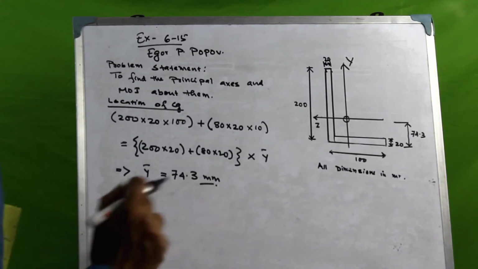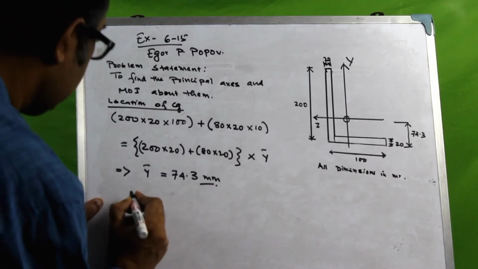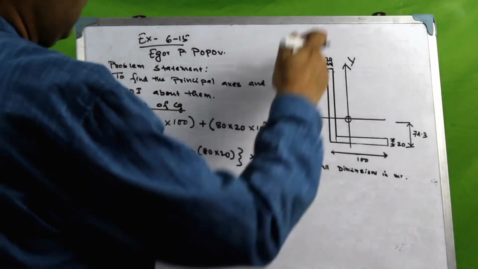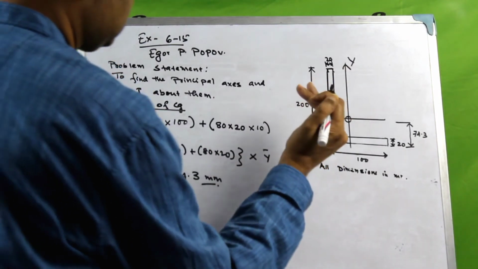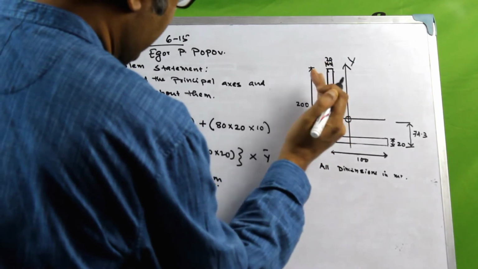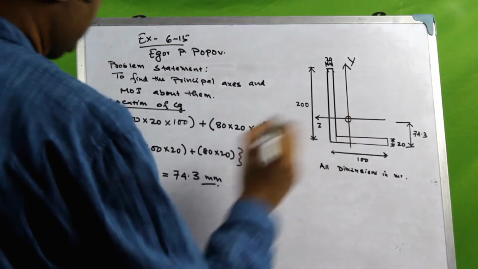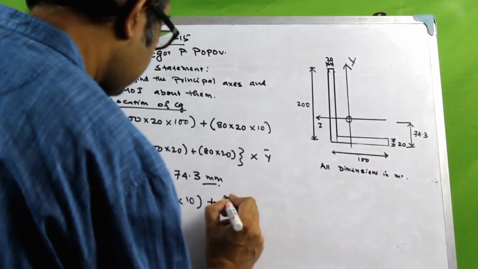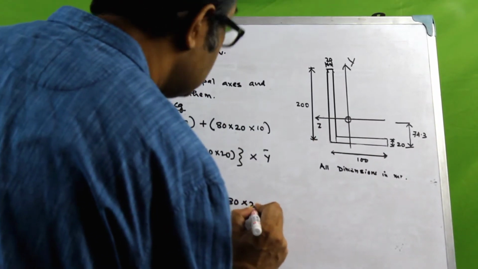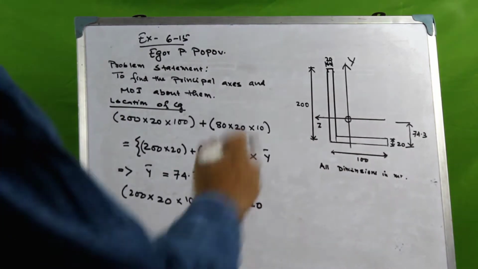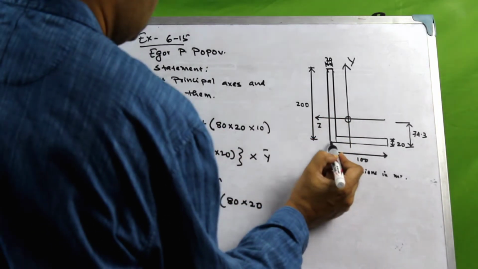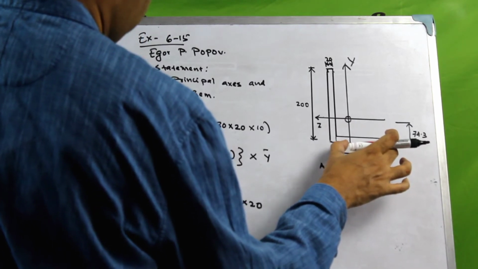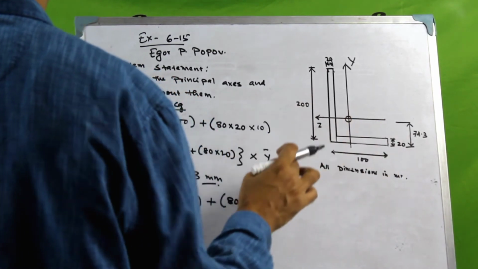We calculate, again, it's the same thing. We would calculate that as 200 into 20 into, now this whole area is at a distance of 20 by 2 from the left of this vertical flange, so that would be into 10, plus this area, 80 into 20. So 80 multiplied by 20 would be this area, and the distance would be 20 plus 80 by 2, which is 40, 40 plus 20 would be 60.